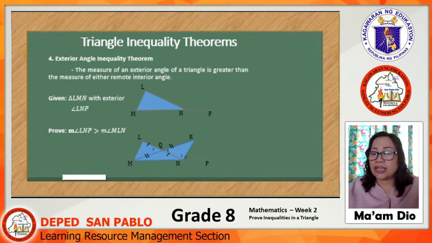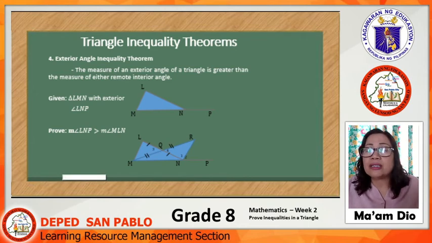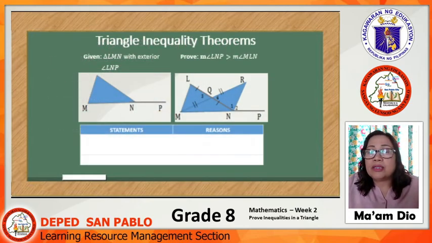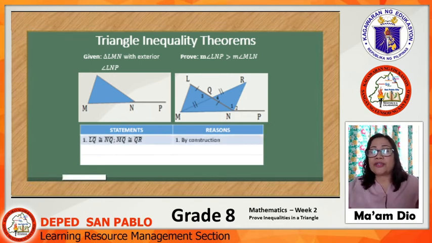Again, we can prove this by construction. We're going to construct another triangle MRN so that we can prove this. We construct it where MQ is congruent to QR and LQ is congruent to QN. That would be our first statement, again by construction.